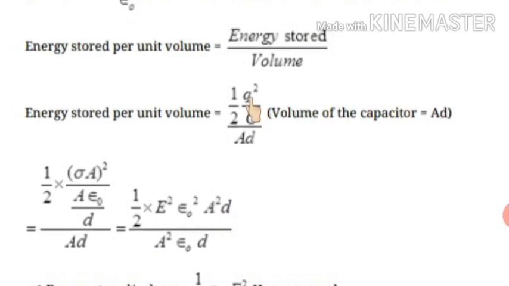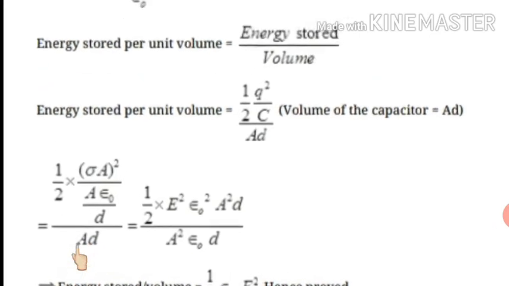If sigma is the surface charge density, then in place of Q we can write sigma into A. So in place of Q we have written sigma into A, whole square. In place of C we have written A epsilon naught upon D, which is the expression for the capacitance of a parallel plate capacitor, and A D we have written as it is, no change. Then we will simplify it.